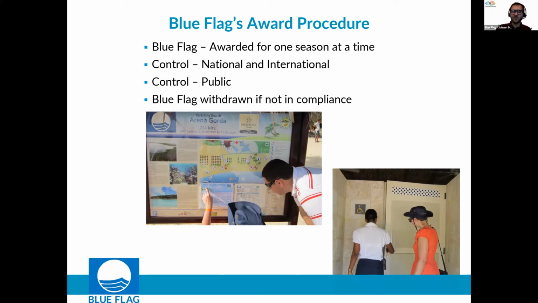So we have education, but also a strict process of respecting the rules and the criteria for local communities and tourists alike, that they expect to receive the highest standards through the blue flag.